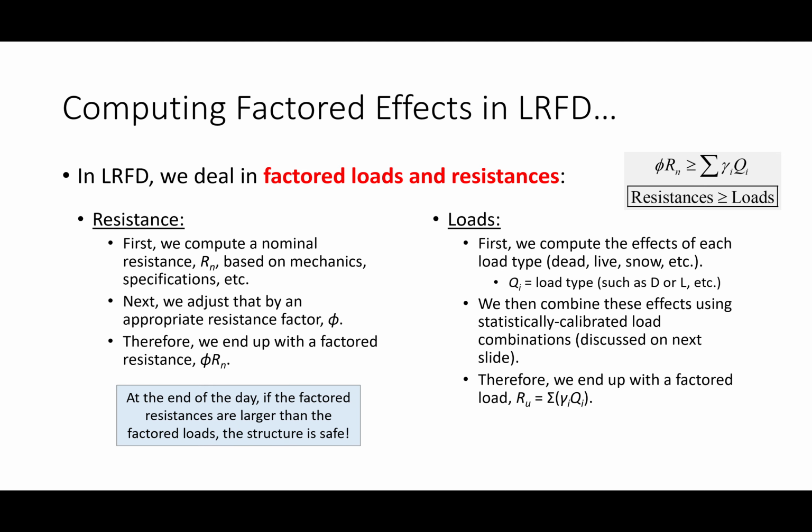Those load combinations are sort of responding to events that the structure would experience, and I'll talk about what those events are in a little bit. But we then end up with a factored load, a series of loads that have been summed up, adjusted by a load factor.